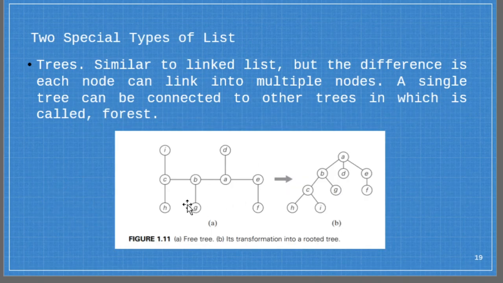So, ibig sabihin, take our example here in figure 1.11. This is a free tree. This is what we call a simple tree.